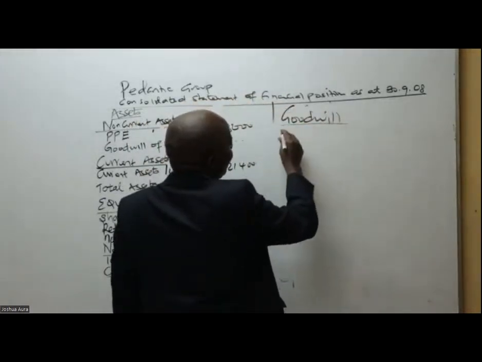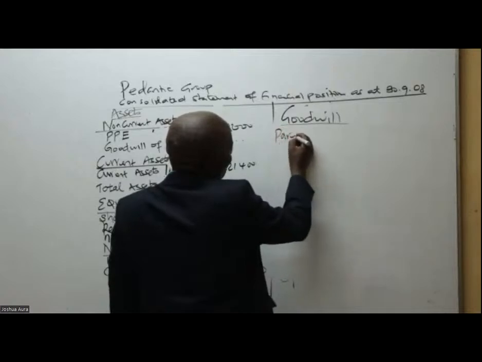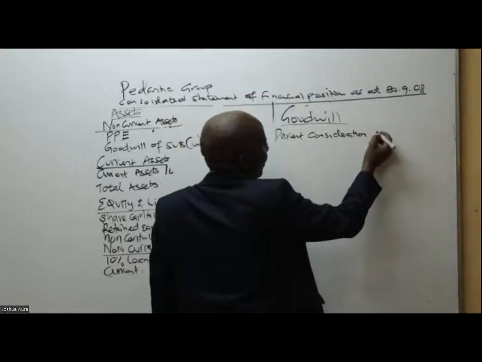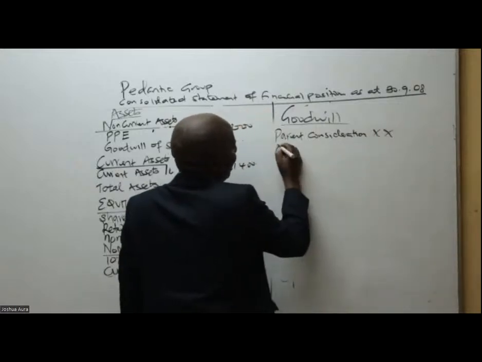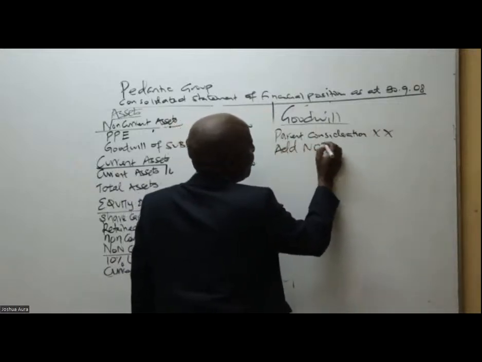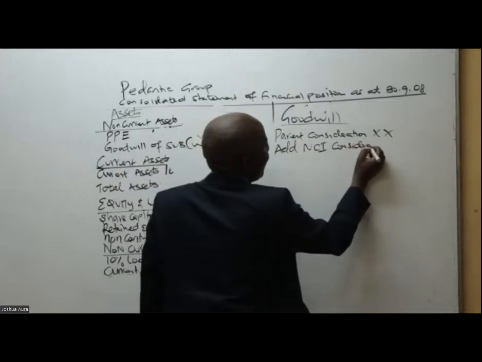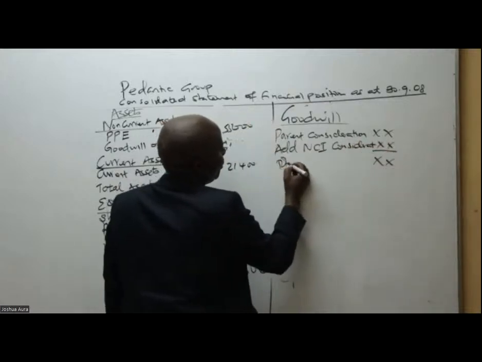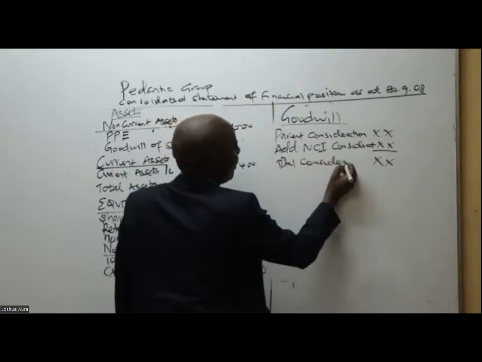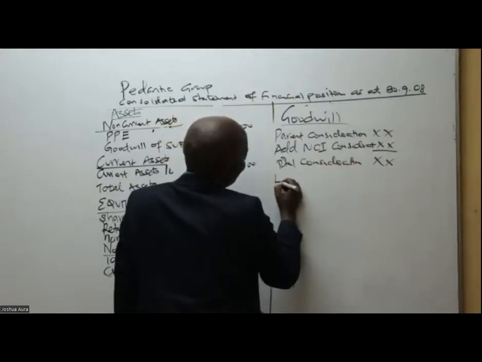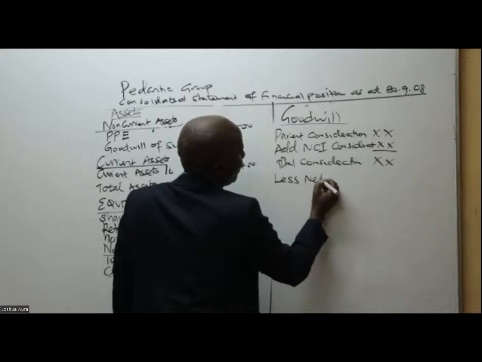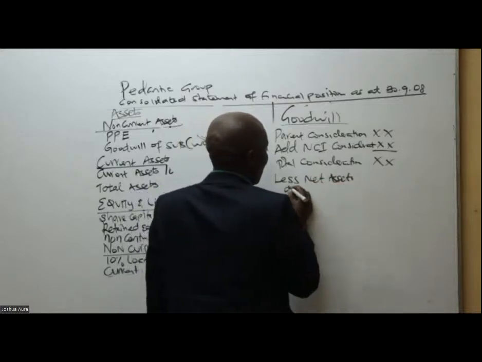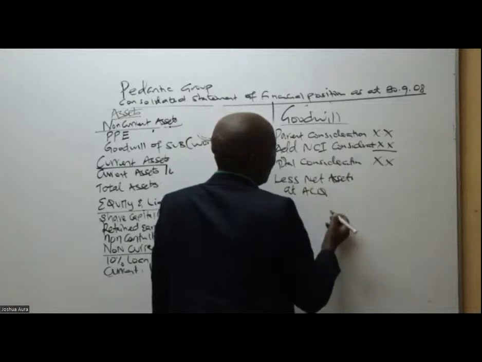To get goodwill, we normally take the parent's consideration and add the NCI's consideration. Add like that, you get the total consideration. Then you say less net assets at acquisition, the figure that you had of 11,000.